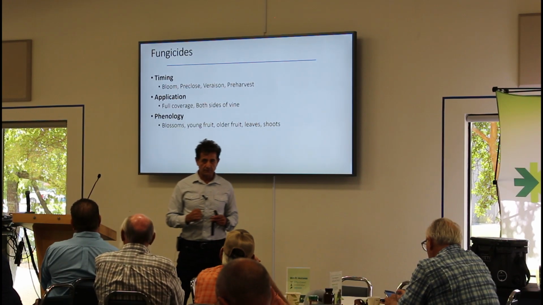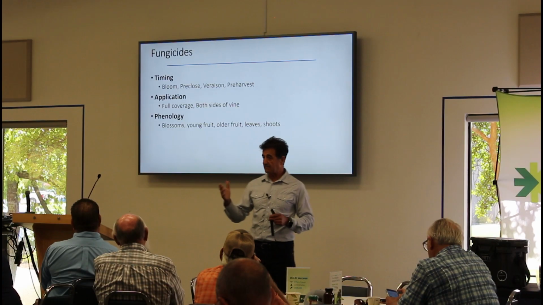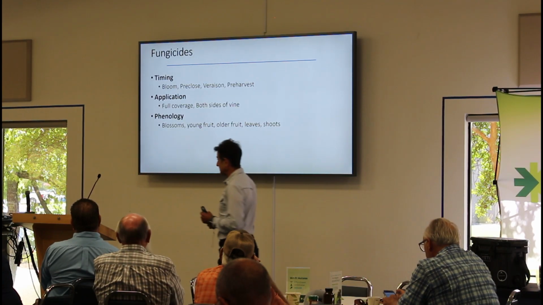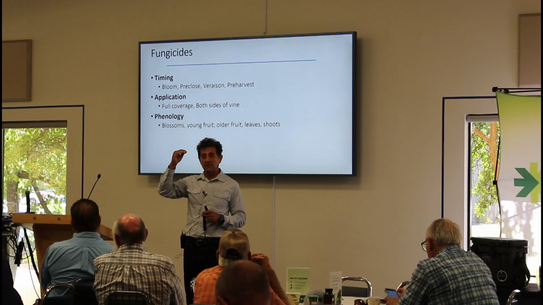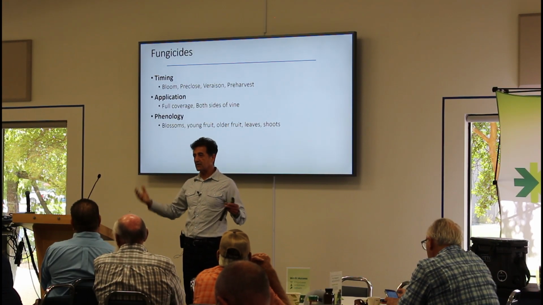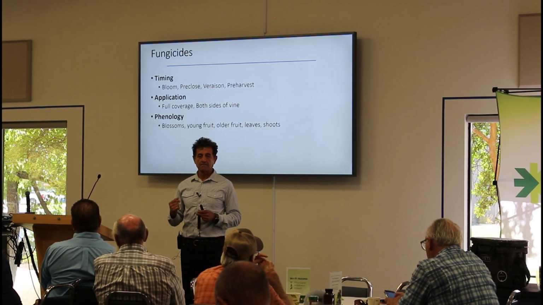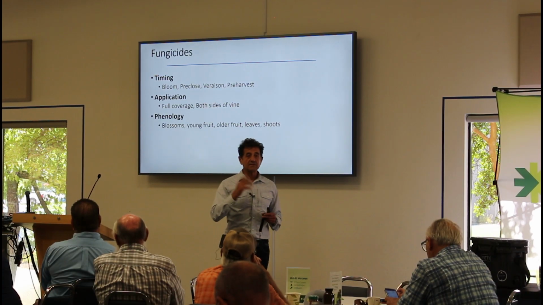What is it waiting for? We call that the dormant or latent season. It's waiting for the sugar level in the fruit to be higher so it can colonize and then consume. So that's the most dangerous part.